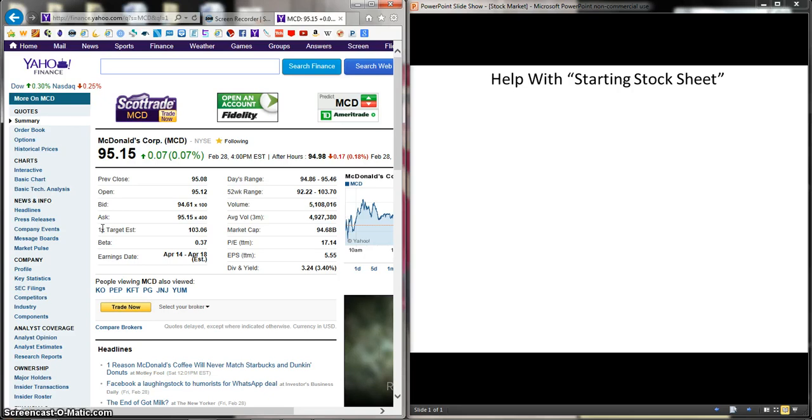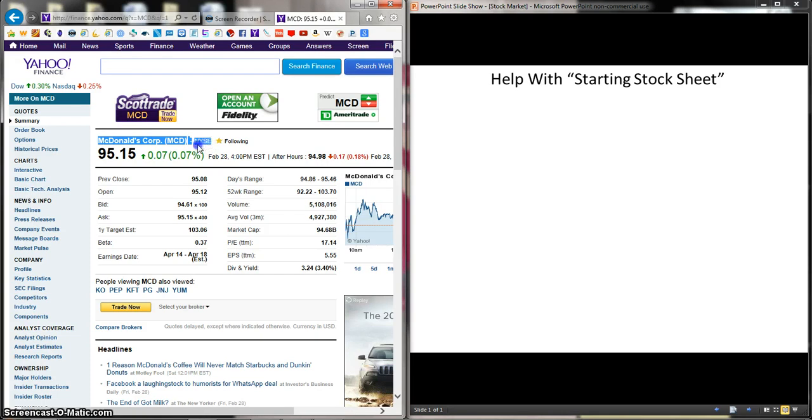Alright, now we are on McDonald's specific stock page. The main things we need to focus on right now, again, is the actual name located right here of the company and the symbol. And it also tells us that it's part of the New York Stock Exchange.